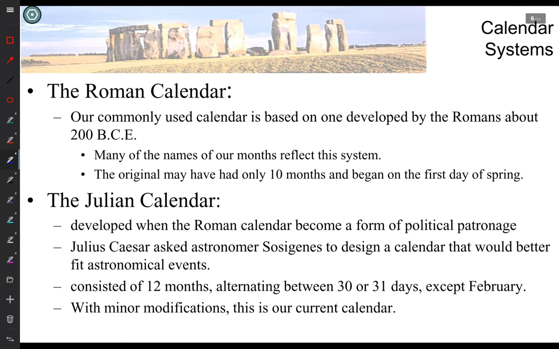Okay, looking at the Roman calendar, we use essentially a Roman calendar that's been modified. If you go back in time, it's been used for a long period of time, but it's been modified. And notice the original may have had only 10 months and began the first day of spring. Why would we suggest it might have only 10 months?